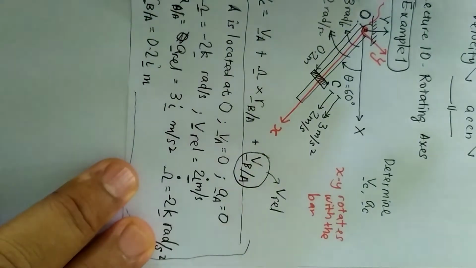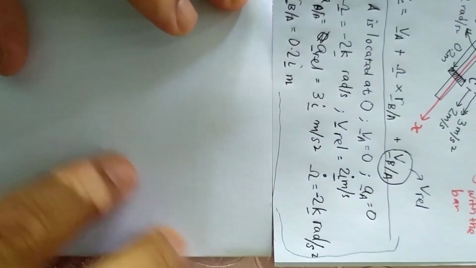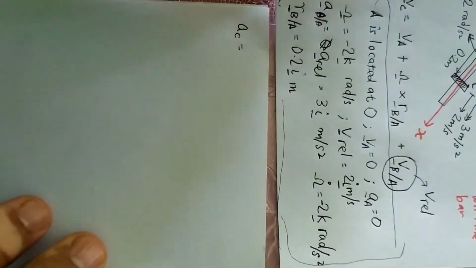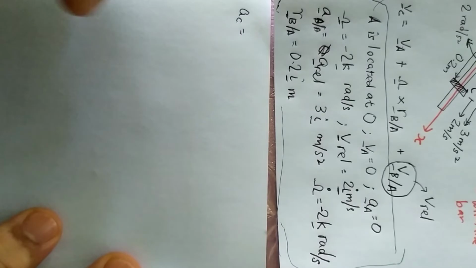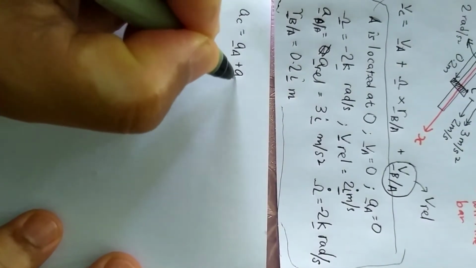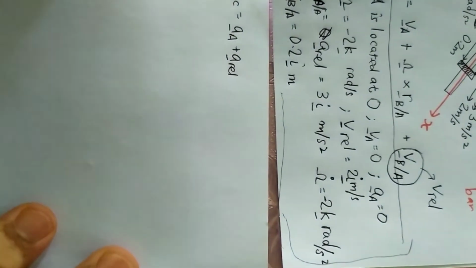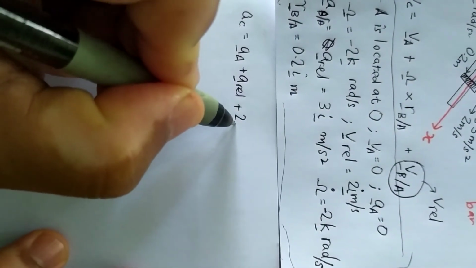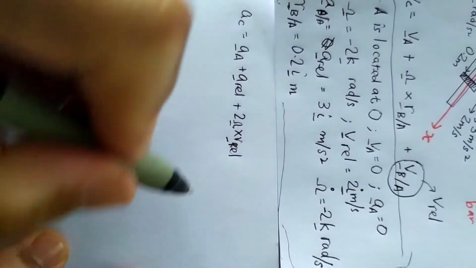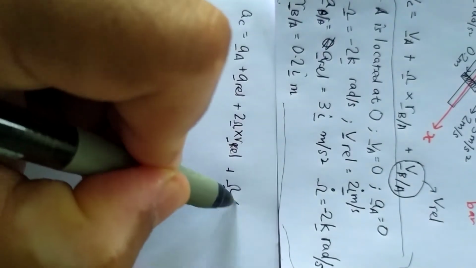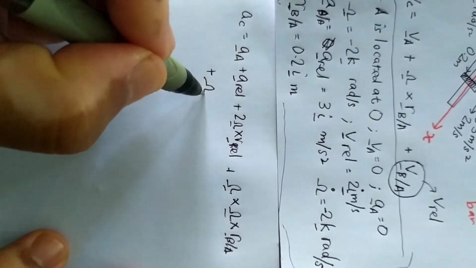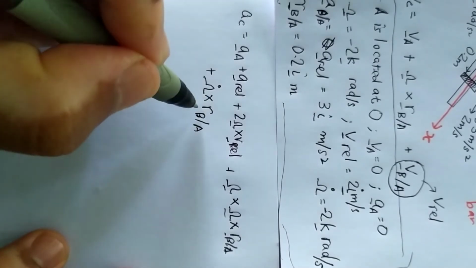We can write down the acceleration equation: the acceleration of C equals the acceleration of A plus the relative acceleration, plus 2 omega cross V relative, plus omega cross omega cross the position vector B relative to A, and finally plus omega dot cross the position vector B relative to A.